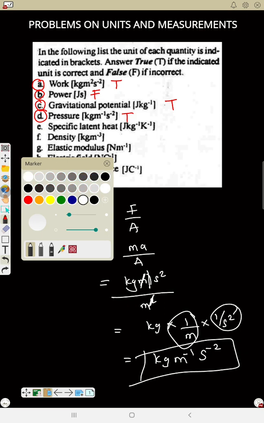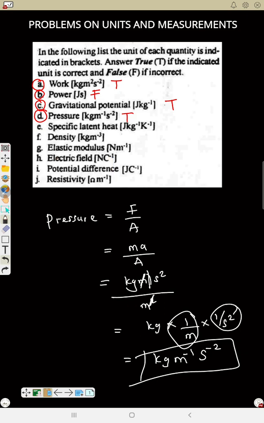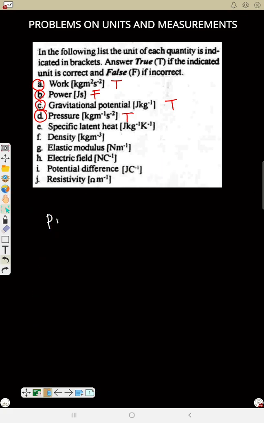Now another one, E, specific latent heat. First, what do you understand by specific latent heat, in brief? The specific latent heat of a substance is the amount of energy needed to change the state of 1 kilogram of the substance without changing its temperature.